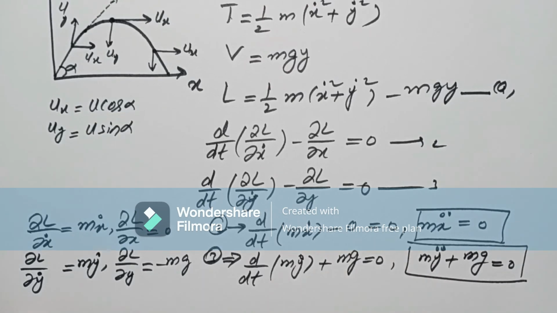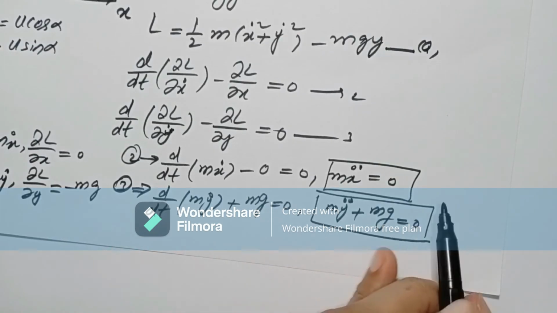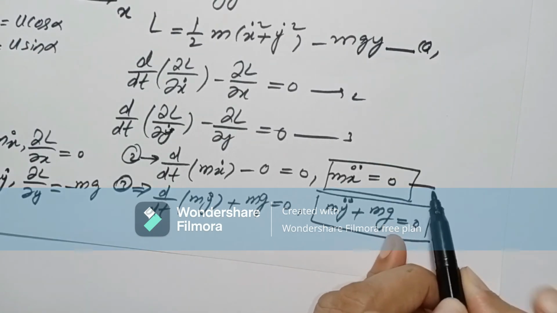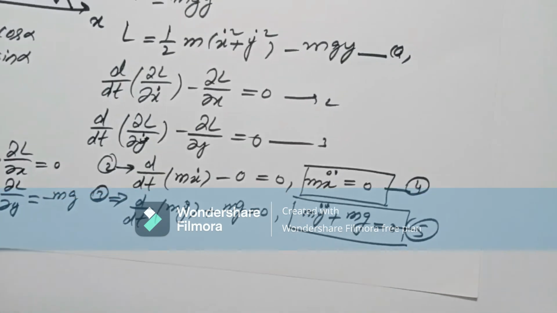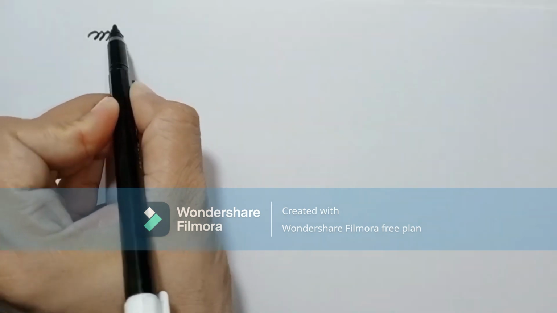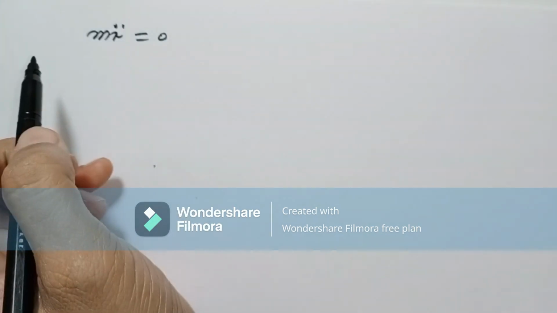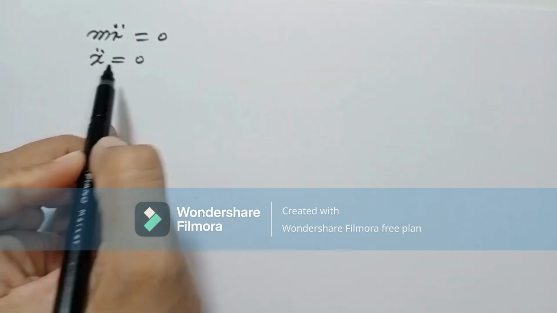So now we will further simplify these two equations to find the trajectory of projectile motion. Solving equation 4 first, m x double dot equals 0, or x double dot equals 0.